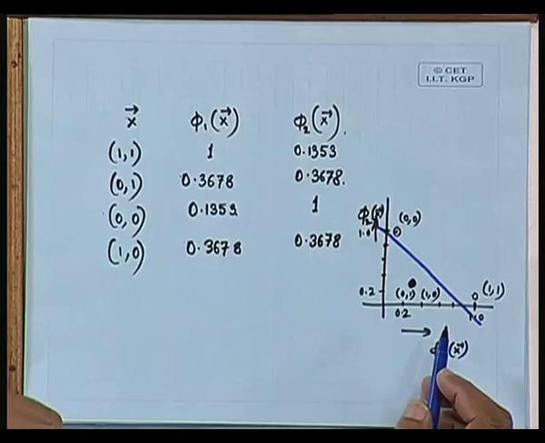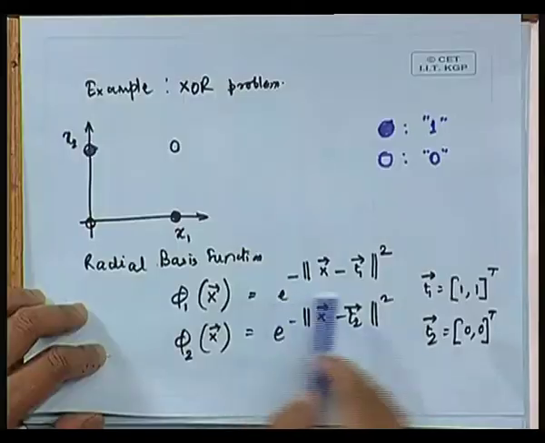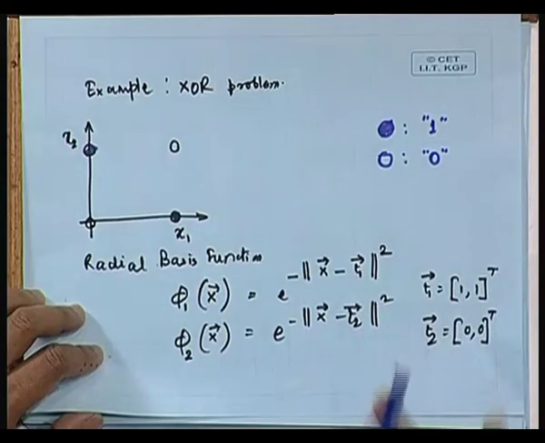So this is the example that shows us that simply by nonlinear mapping, what we have done is nothing but mapping from the x space to the phi x space. By doing this nonlinear mapping using Gaussian as a function, we could map it into a space where we could find a linear separability.